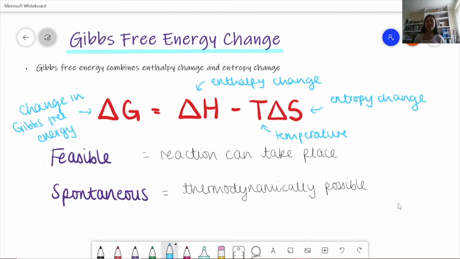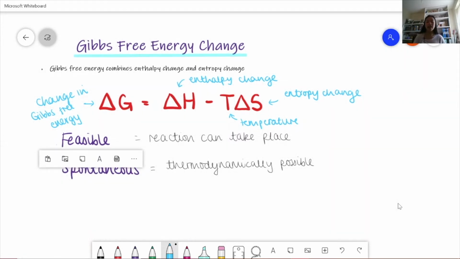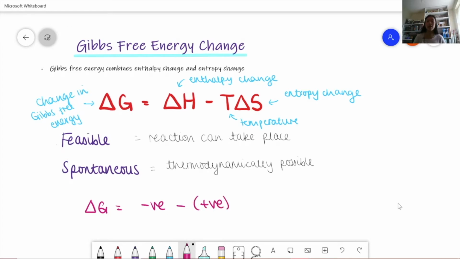And we can see this because if we have a look further at the equation, delta G equals delta H minus T delta S, it's favourable for delta H to be negative. So if this is negative, and then we're minusing the delta S, which is favourable when it's positive, that means that the delta G is feasible when it is less than or equal to 0.